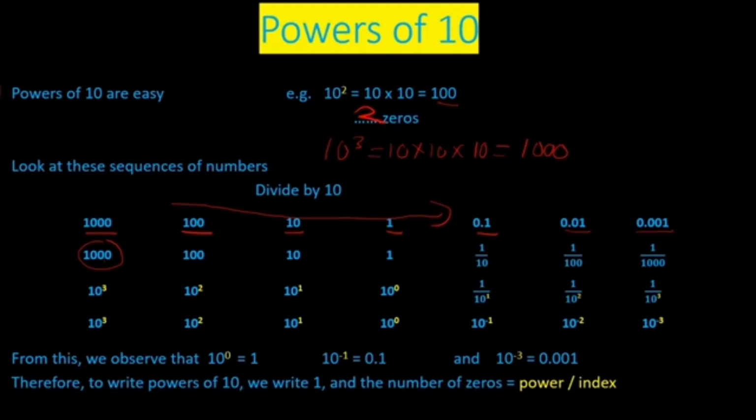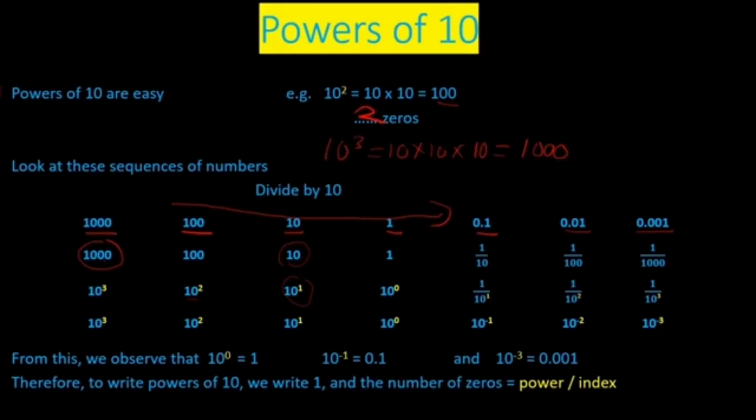100, we've already worked that one, is 10 to the power 2. And 10 now is simply 10 to the power 1. But now as we get to the units, you notice that our powers continually are decreasing. Here it was 3, here it's 2, here it is 1, here it is 0.